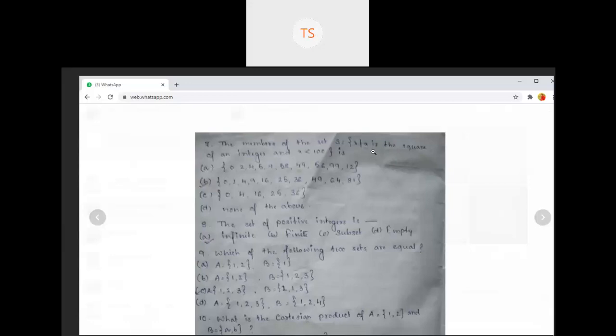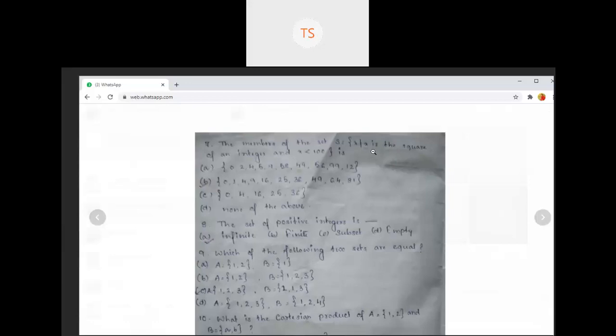You have to convert this set into the tabular or roster form. It is given that x is the square of an integer and x is less than 100. So what are the elements of x? Integers means minus as well as plus numbers, but the square must be less than 100.